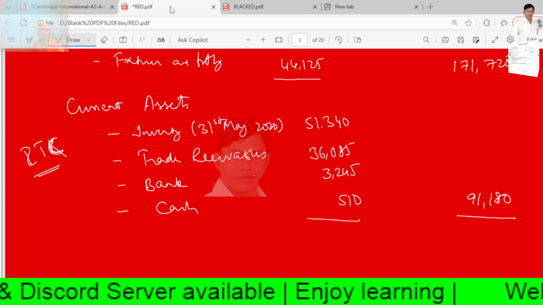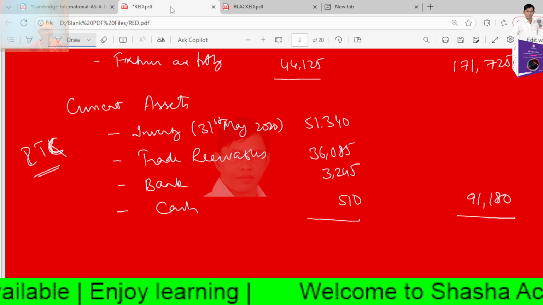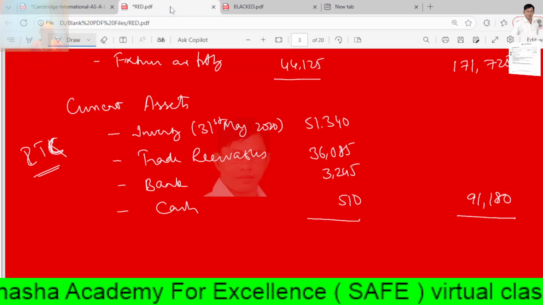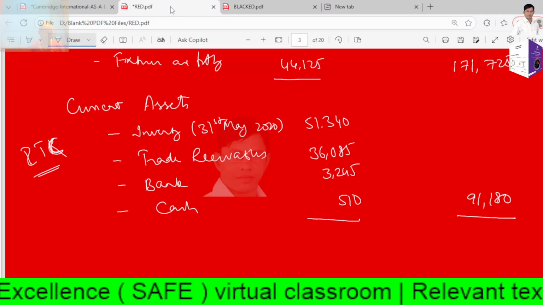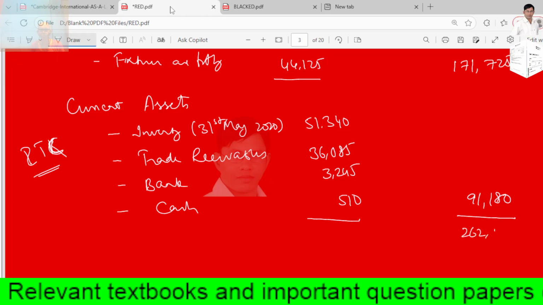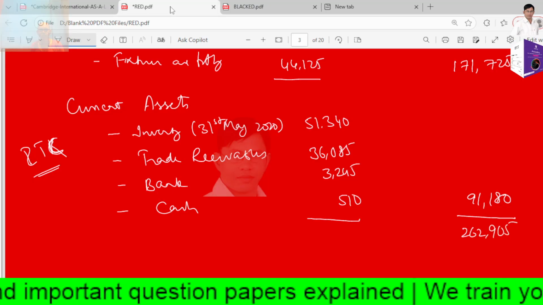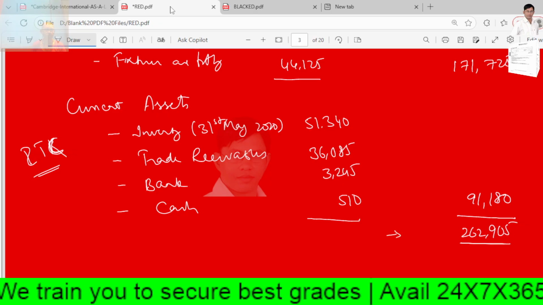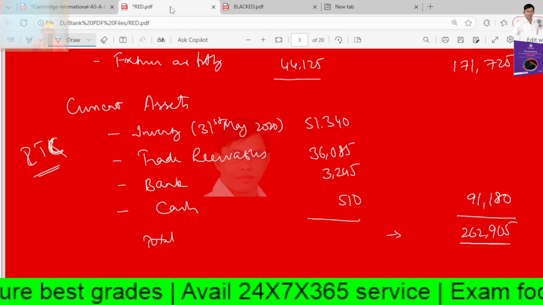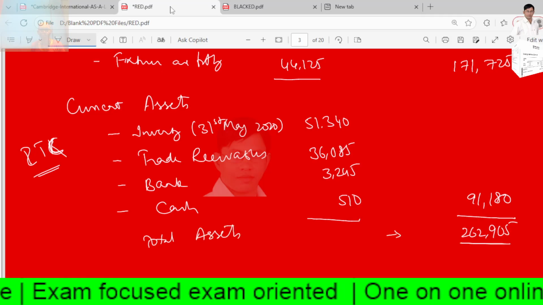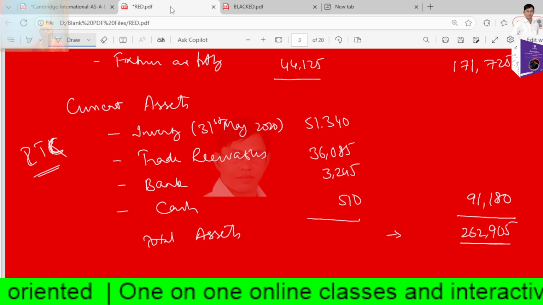Add this together: 171,725, then 262,905. This is total assets. So total assets 262,905. Now we have to find out total liabilities.